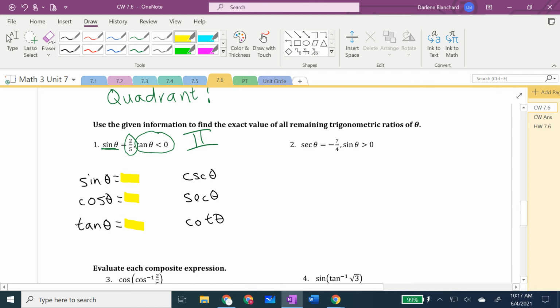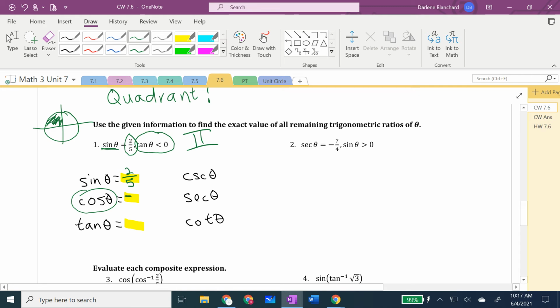Now, I know that my sine is equal to a positive 2 over 5. If I am in quadrant 2, then when I turn to cosine, I think about x, and x is negative if I am in quadrant 2.